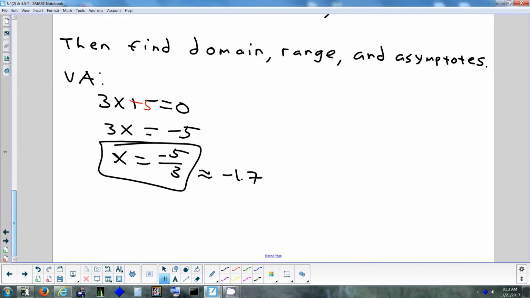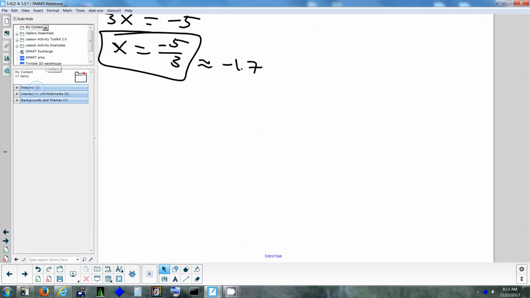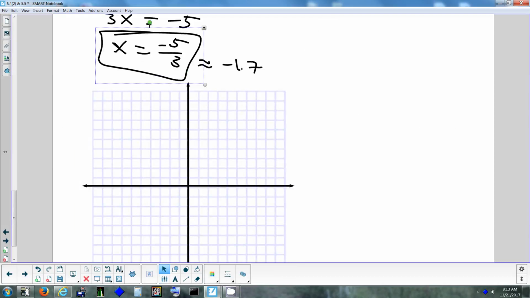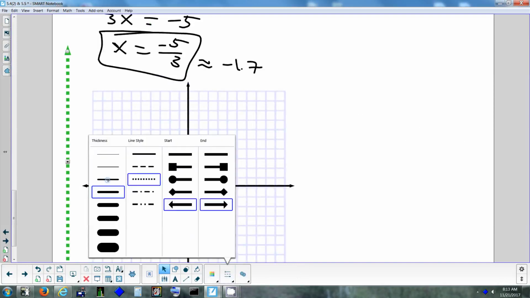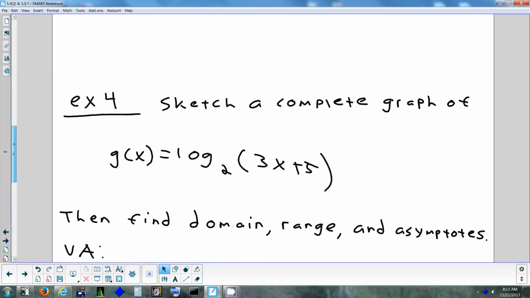Okay. All right, so we've got that. Let's put that in. All right, so negative 1.7. As always, I'll do the vertical asymptote dotted. Make it a little thinner. So negative 1.7, maybe about right there. All right, so we got that.